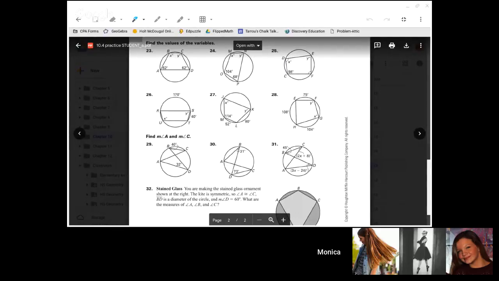Okay, so Campbell, if you look at number 26 and we're looking at angle X, okay, what arc does that angle form? So can we calculate a measure for that arc?